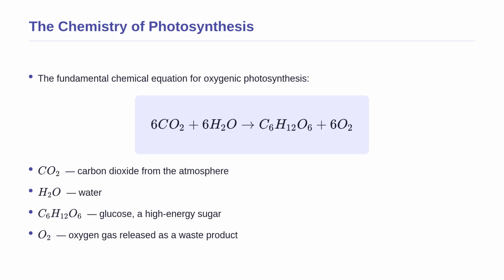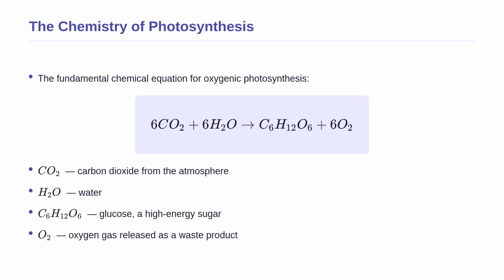To truly grasp how this planetary transformation occurred, we must look at the underlying chemistry. This fundamental chemical equation represents the transformation of inorganic matter into organic life. On the left side, we have 6 molecules of carbon dioxide from the atmosphere and 6 molecules of water.